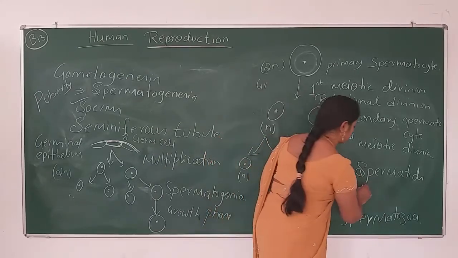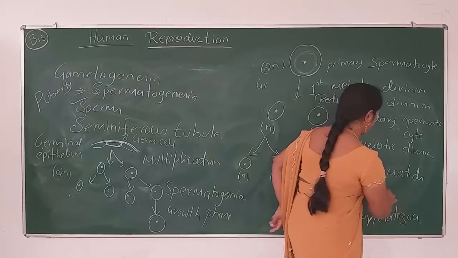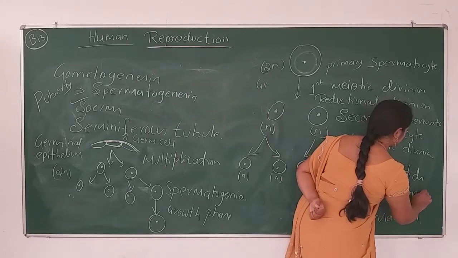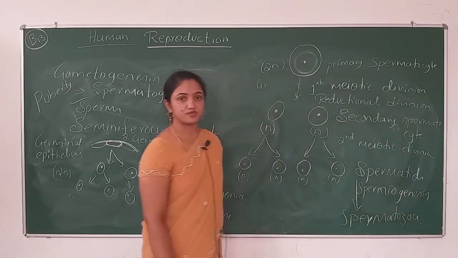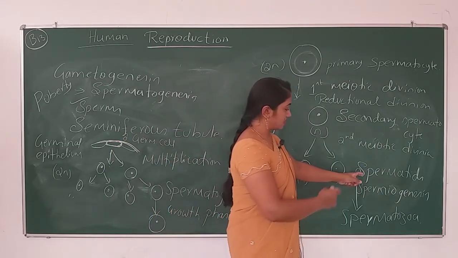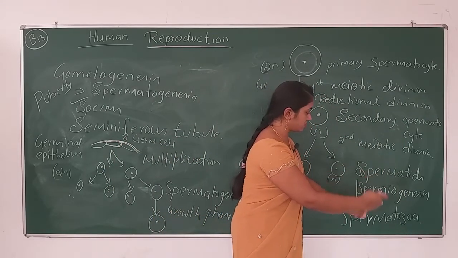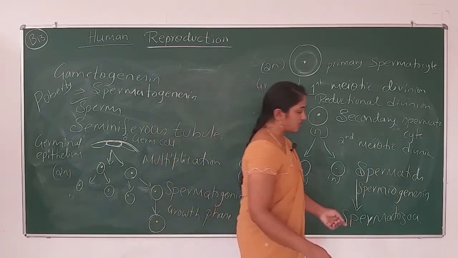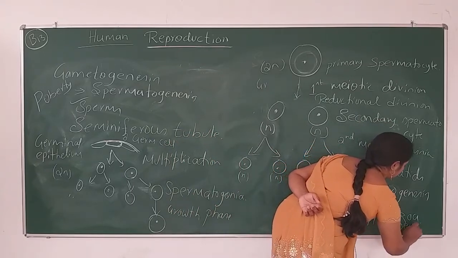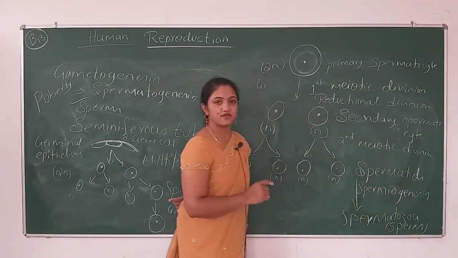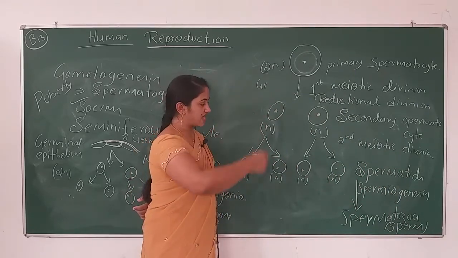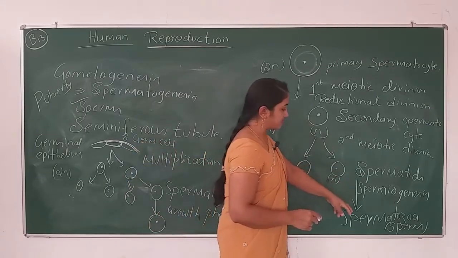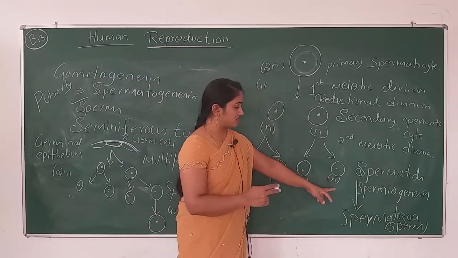That mechanism is known as Spermiogenesis, the process of transformation of spermatids to spermatozoa. Spermatids are non-motile spherical structures. Spermatozoa are nothing but sperms. Sperms are highly active, motile, with a tail and a somewhat longer structure.